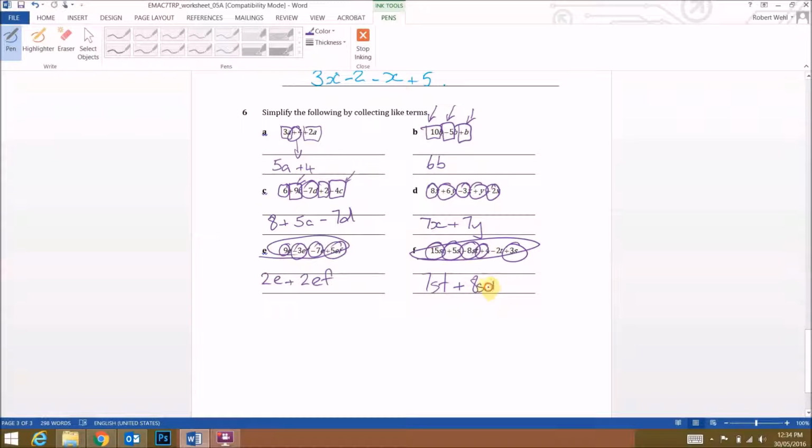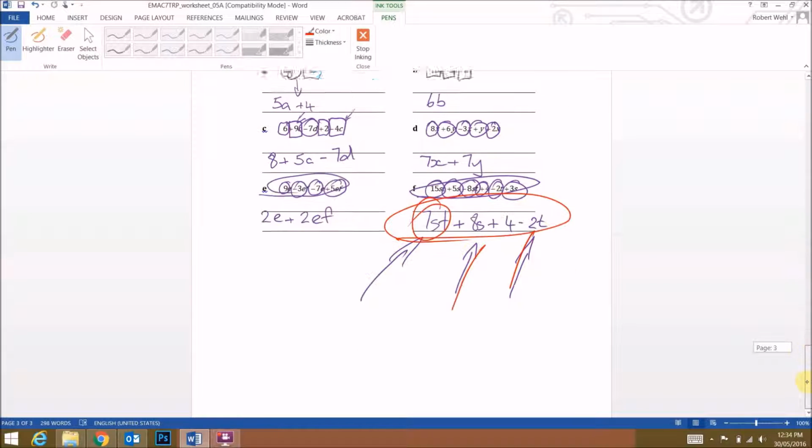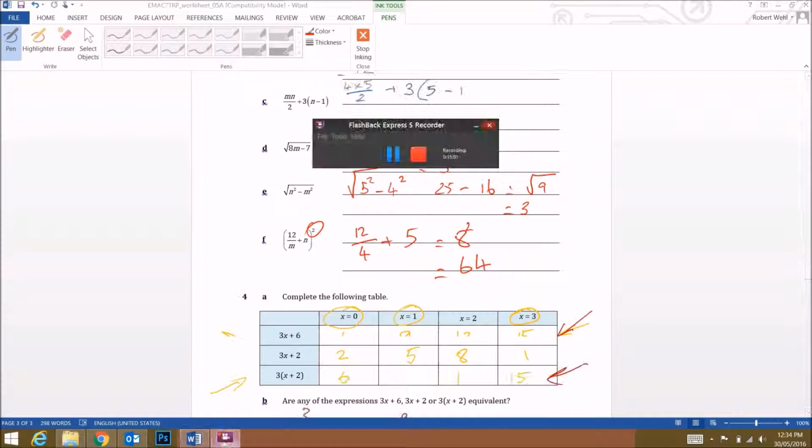Then I've got a plus 4 and a minus 2t. I cannot put these two in with this one, okay? They are different things. That is different to these two, okay? That there is my answer for that one. And that's worksheet A.